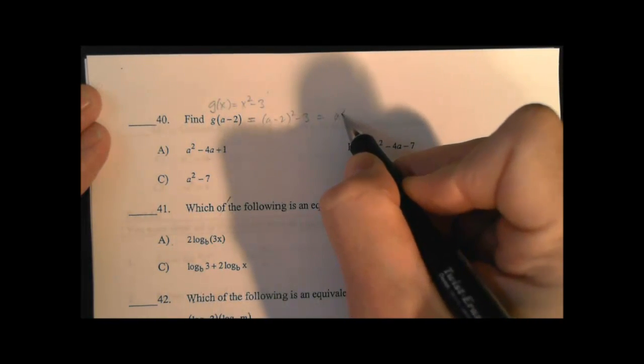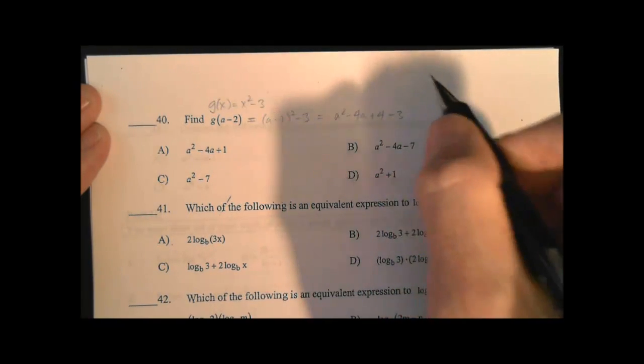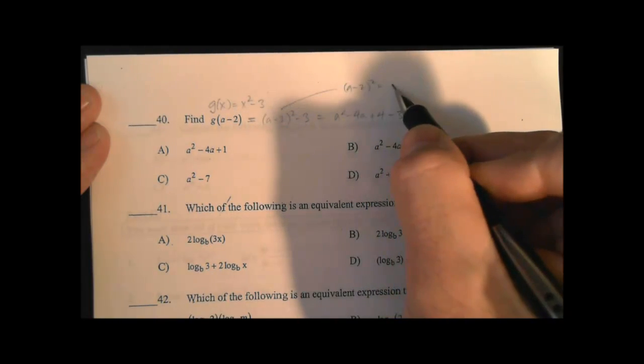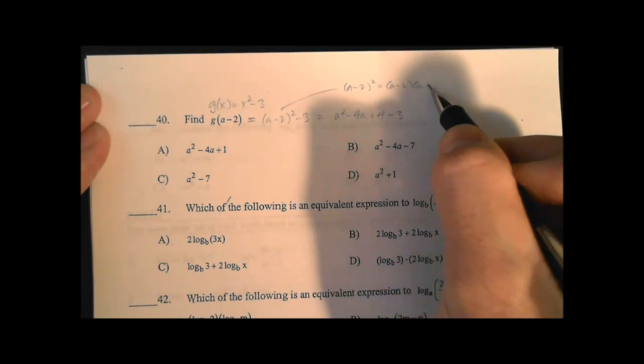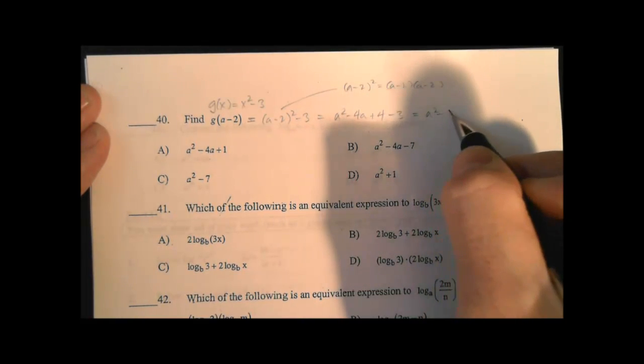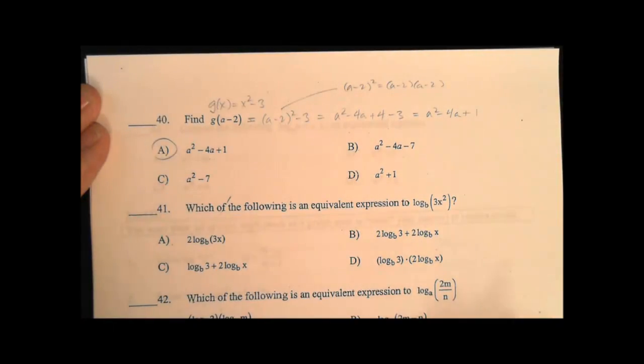Foiling this out, you get a squared minus 4a plus 4 minus 3, and don't forget, please, don't make the mistake of doing this incorrectly. And then you get a squared minus 4a plus 1, which is A.